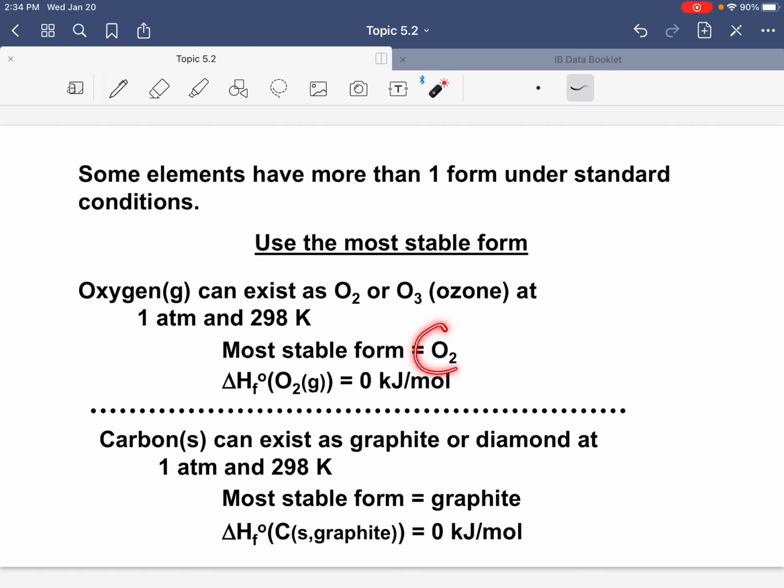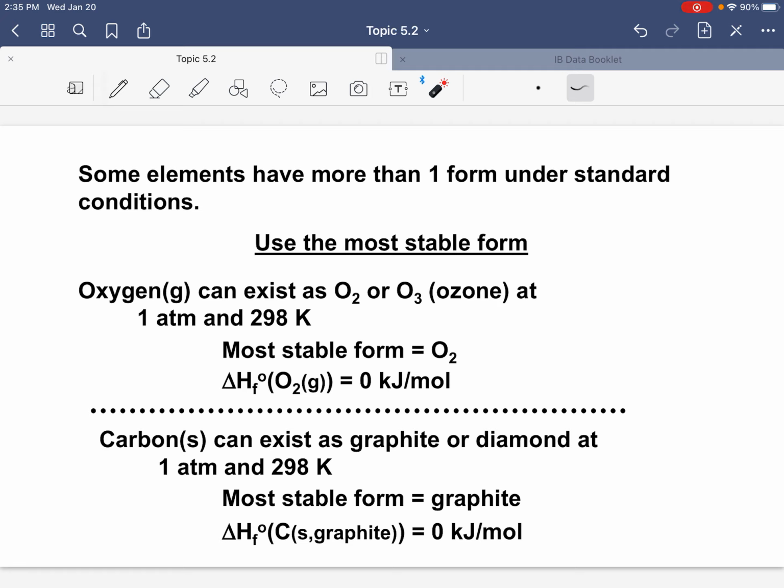And just keep this in mind. These stable elements will have a delta H of 0. They're neither exothermic nor endothermic. They just don't have any energy per mole. Something to keep in mind. H2 is the same. Whenever you see H2, that will also have an enthalpy of 0.